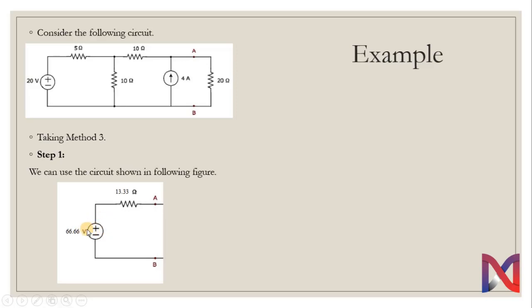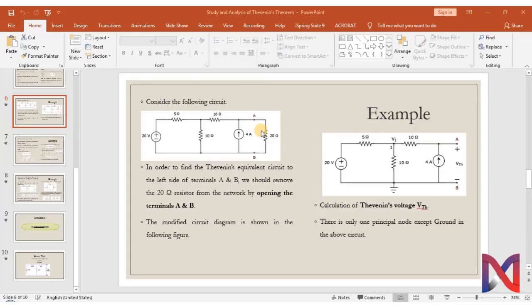Now do you remember the steps for getting Thevenin voltage and Thevenin resistance? If not, then let's revise it. First of all, we need to take off our 20 ohm RL.